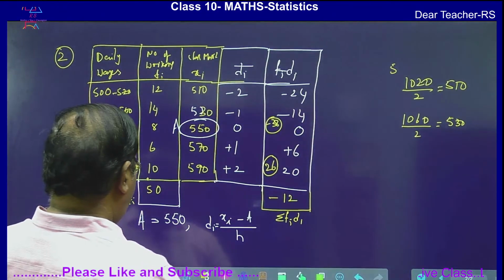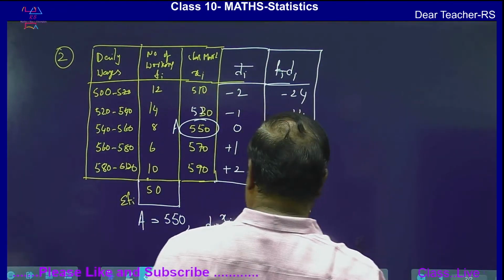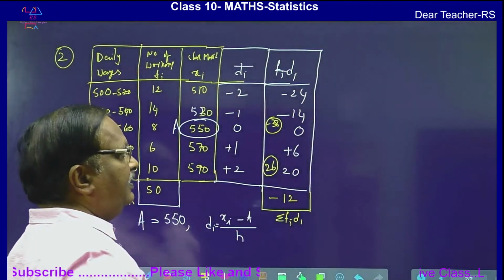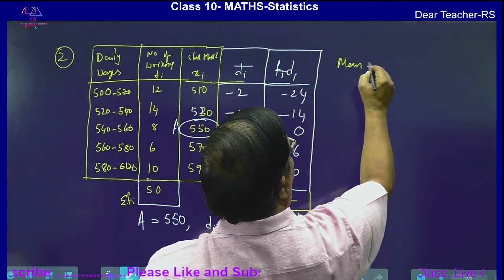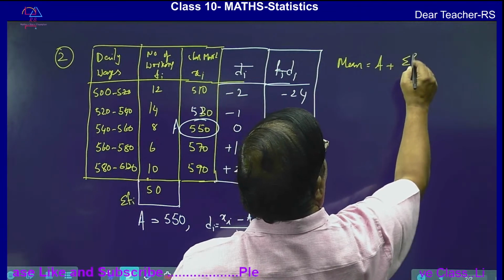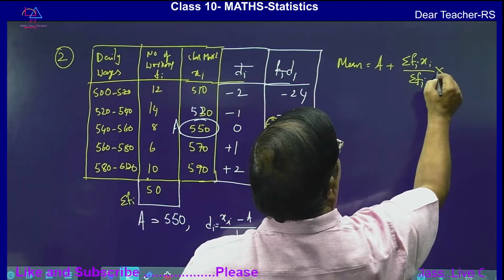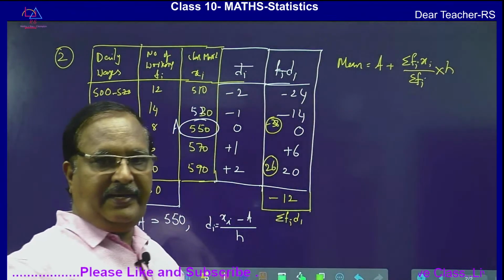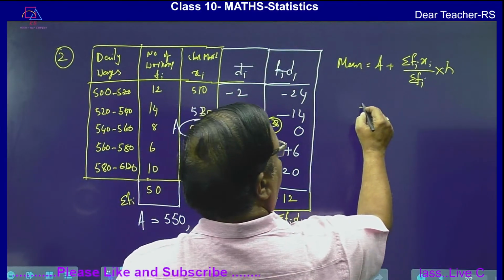So now let us apply the formula. You should know the formula. The formula is: mean is equal to a plus sigma fi di by sigma fi, into height. Height is the size of the class. So then how much will it be? A is how much?